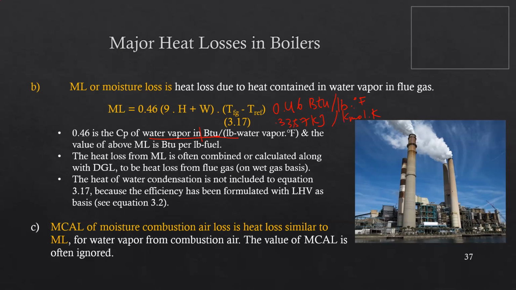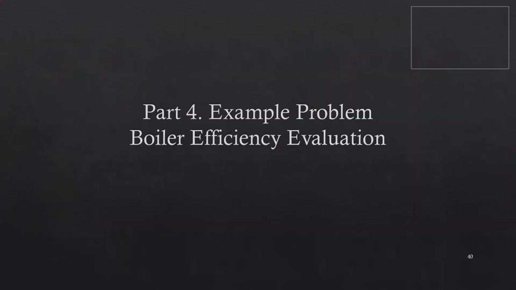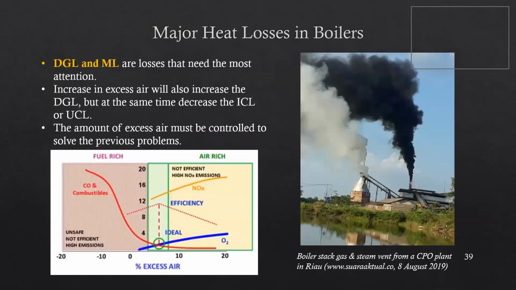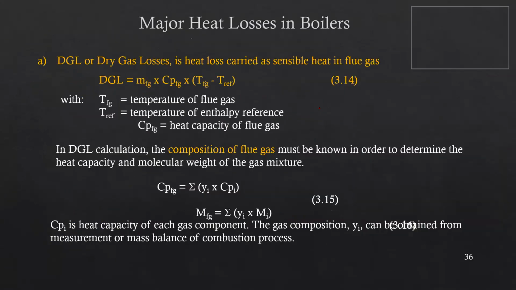But if the Cp is given in the problem, for example the heat capacity of the water vapor is 37.6, then we need to use this one, just use the given parameters from the problem. Otherwise, if it's not given, then we can use the Cp reference given in the formula. It also depends on the units.